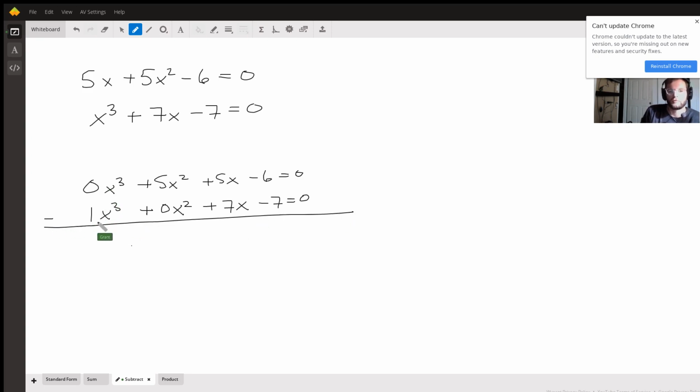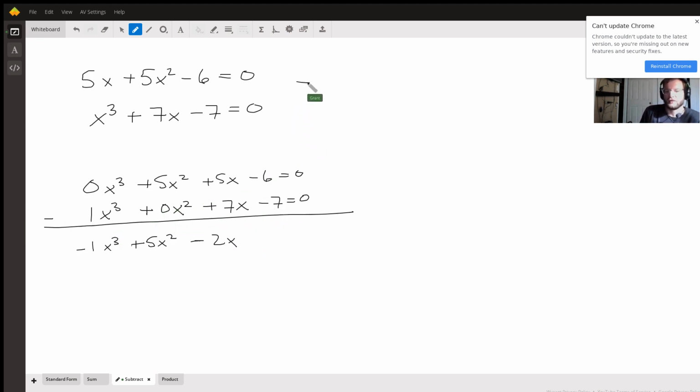So 0 minus 1, so we have minus 1x cubed. 0 minus 5, so nothing happens there, plus 5x squared. 5 minus 7, that would be a negative 2x. And then minus 6 minus a negative 7 would actually be positive, right?